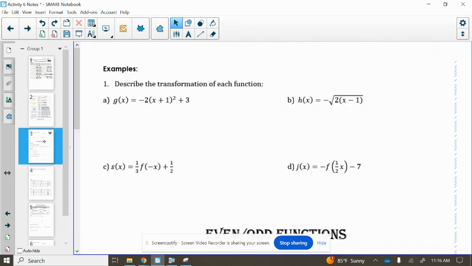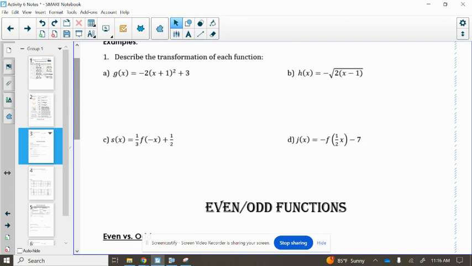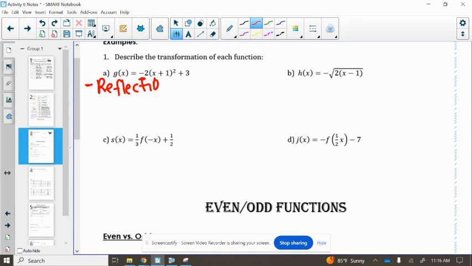So if we look then at the next page, we see a bunch of different examples for actually using these. So again, each piece of this is going to change each of our functions. So notice on this first one, we have this negative in front of the 2. And what this is causing is that change in our y values, aka reflection over the x-axis.